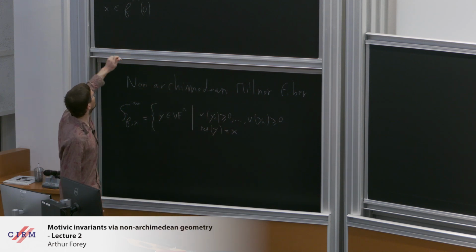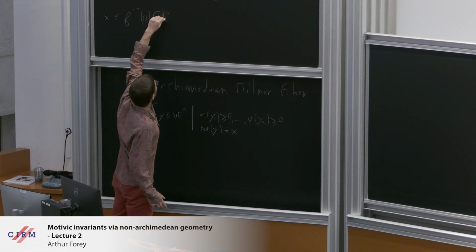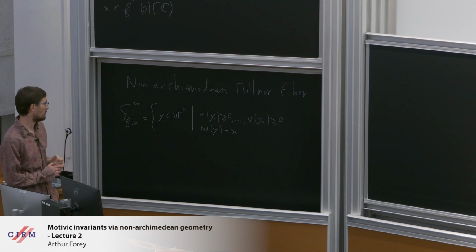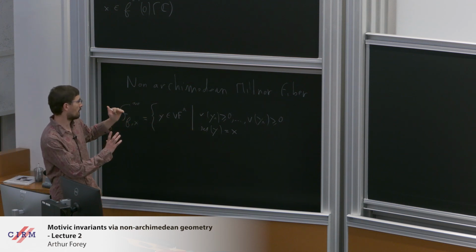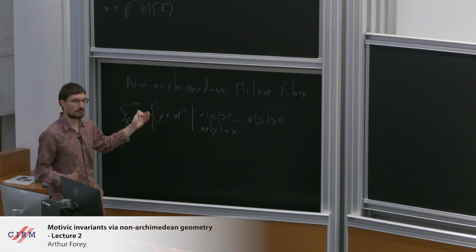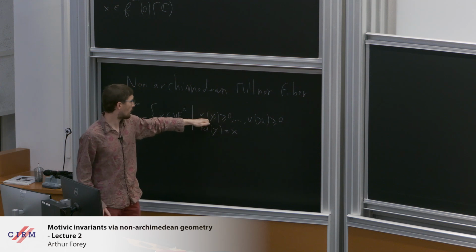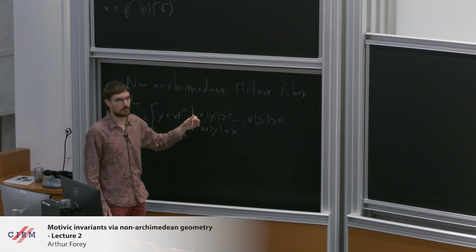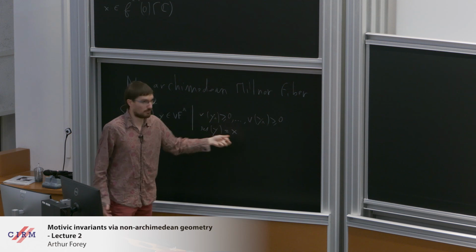Here x is really a complex point of my special fiber. So that's the analogue of the ball of radius epsilon. What is the last line? Residue of y is x. When you have a point in the valuation ring, you can just take the residue map to the residue field, and you can ask that this residue is x.